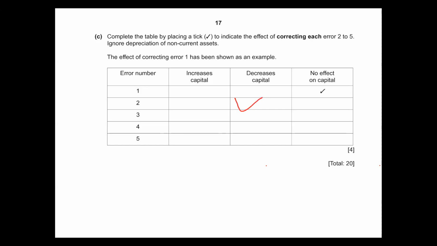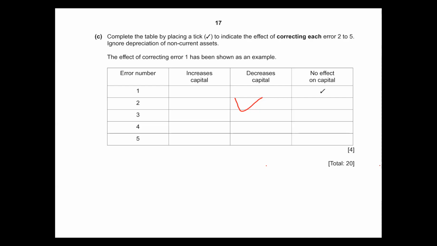The third error was corrected in such a way that the purchases account was debited with 120 and Samir's account was credited with 120. Does this have an impact on capital?